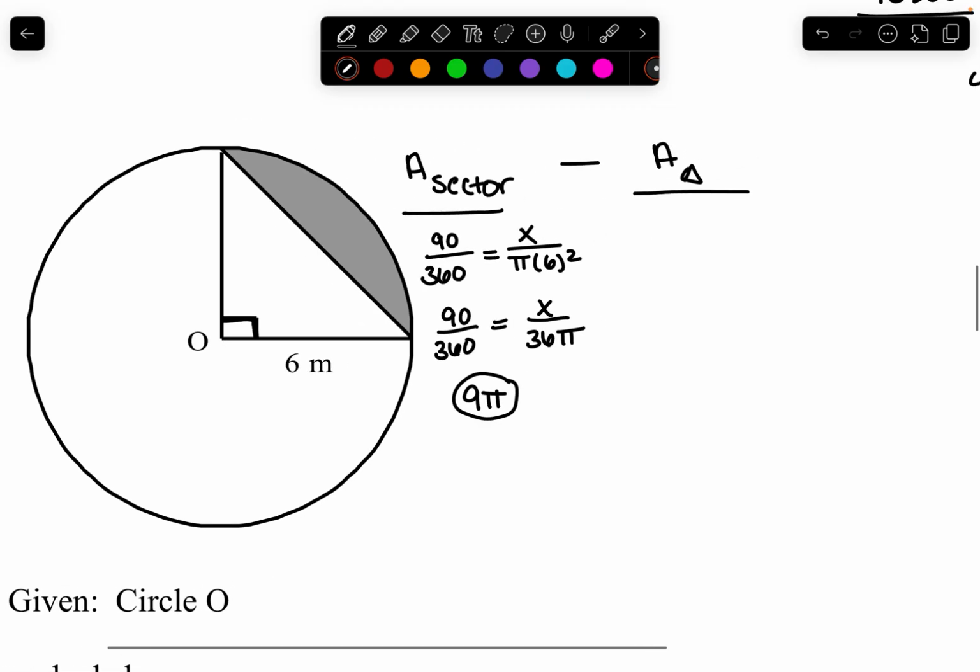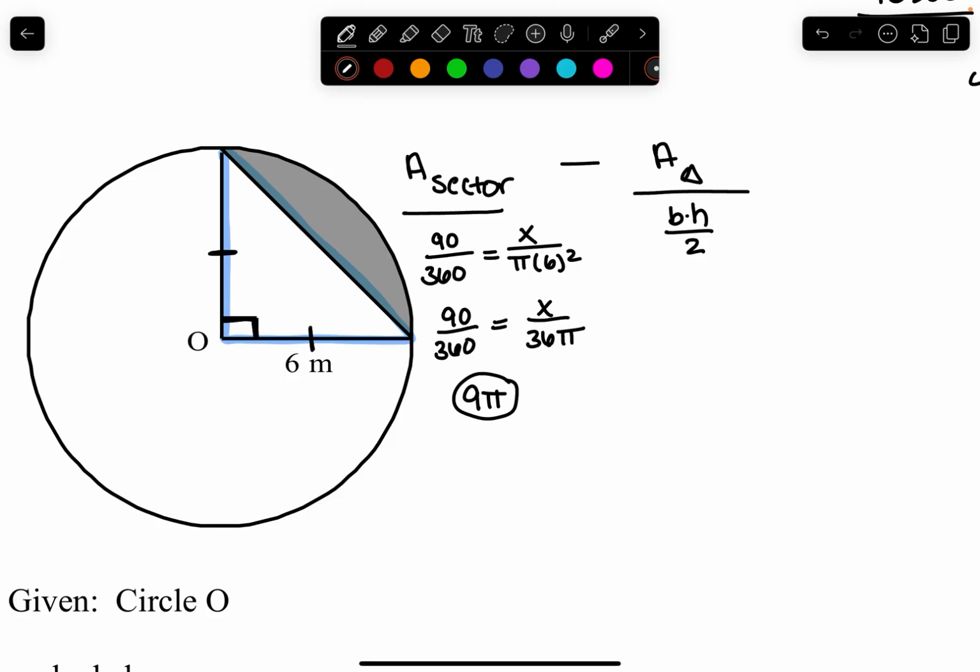Then I have to go back and find the area of my triangle. This is a really nice triangle because it is a right triangle, which means that I already have the base and the height. As a reminder, area of a triangle is base times height divided by 2. Both of these lengths right here are the radii of the same circle, so this side over here is also 6 meters.